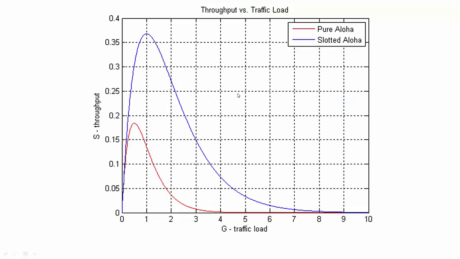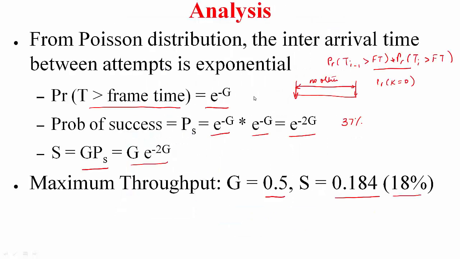So this is the same thing represented pictorially. We are dealing with pure Aloha, so focus on this particular graph. S varies with G in this particular fashion, and it peaks when G is 0.5. And the value it has at this point is 0.18. The probability of success here turns out to be 37%, but the throughput is still only 18% because this happens when G is 0.5.